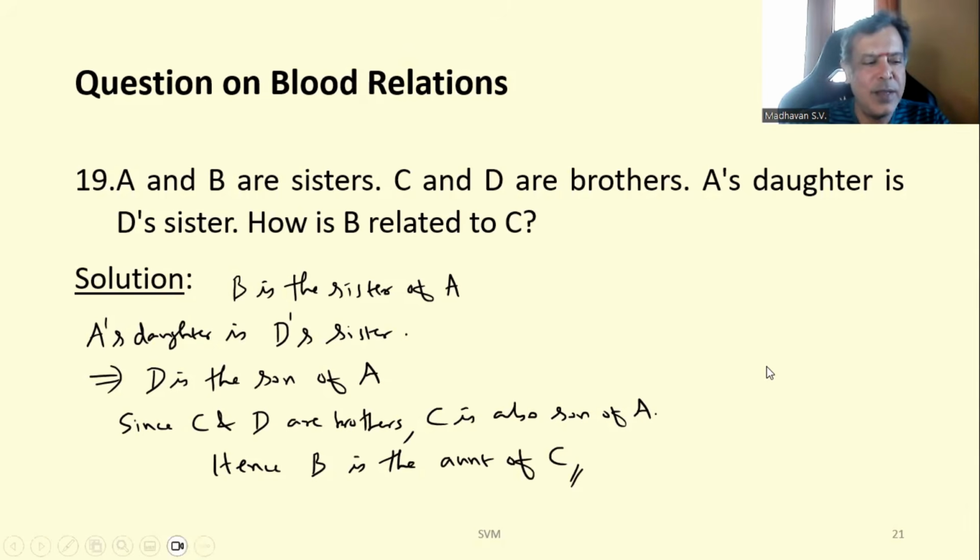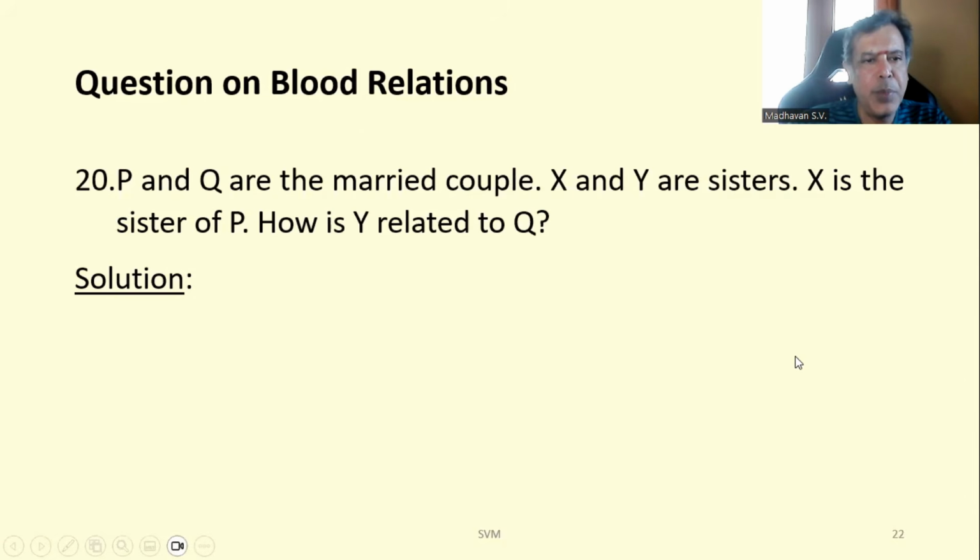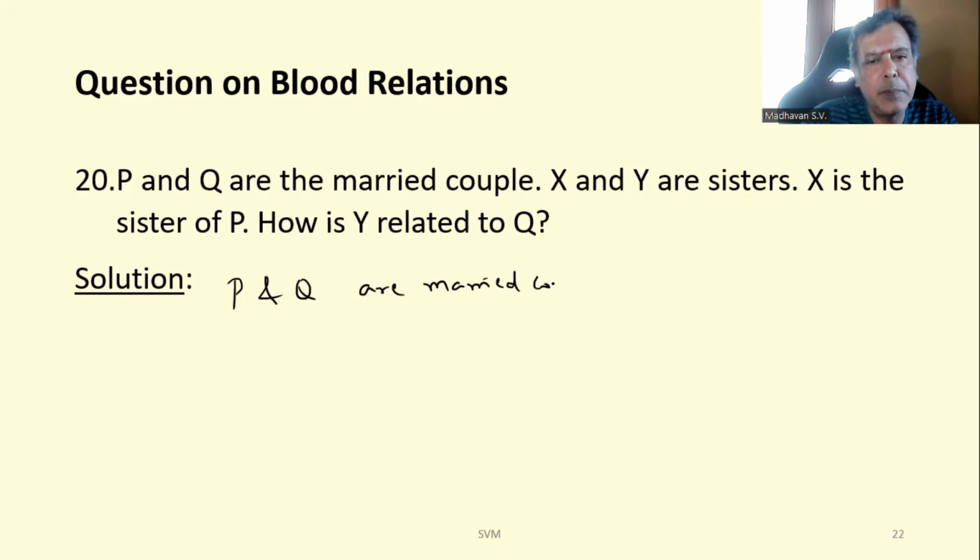Let us move on to the next question. P and Q are a married couple. Then they say X and Y are sisters.